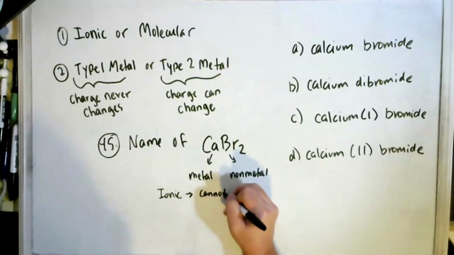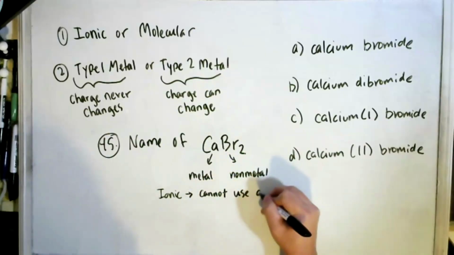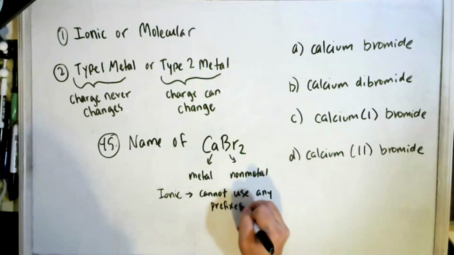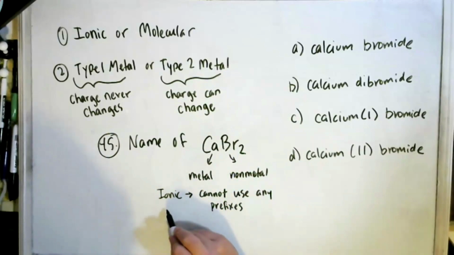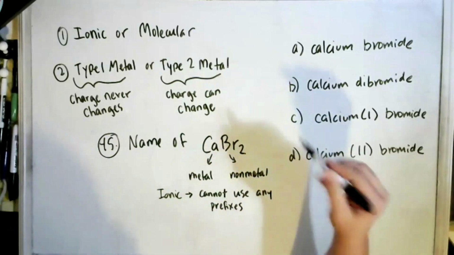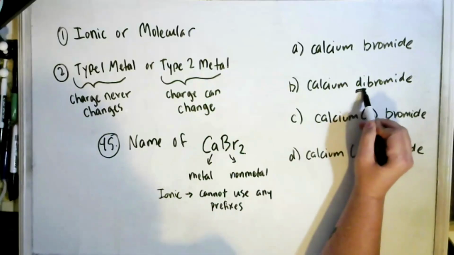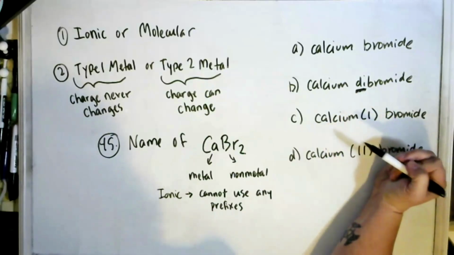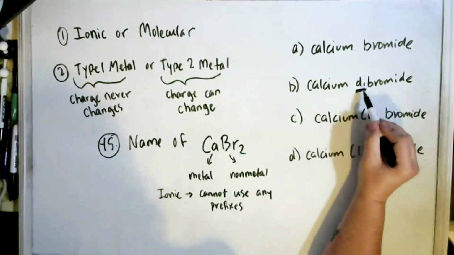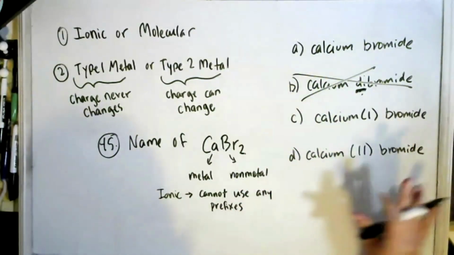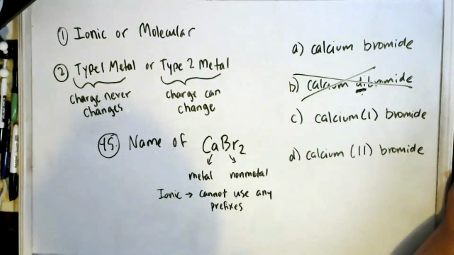You cannot use any prefixes. So now once you know it's ionic, you can look at this answer list and you can focus right here on this choice that has a prefix in it. And it doesn't matter what else it says, that prefix is there, that answer is wrong. Cannot have a prefix in it.